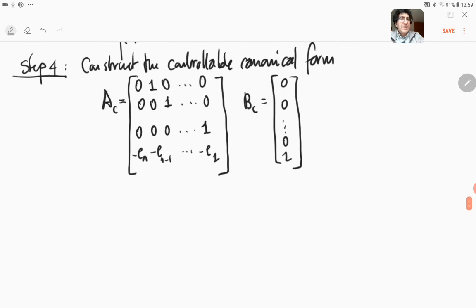Okay. Now from this, construct the corresponding controllability matrix.